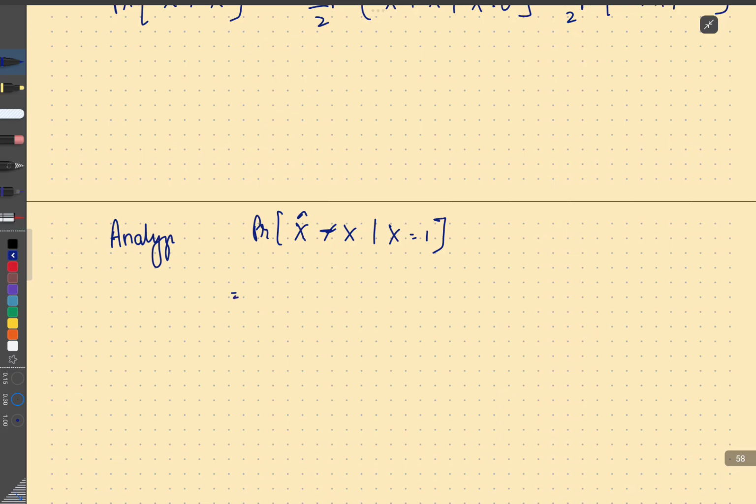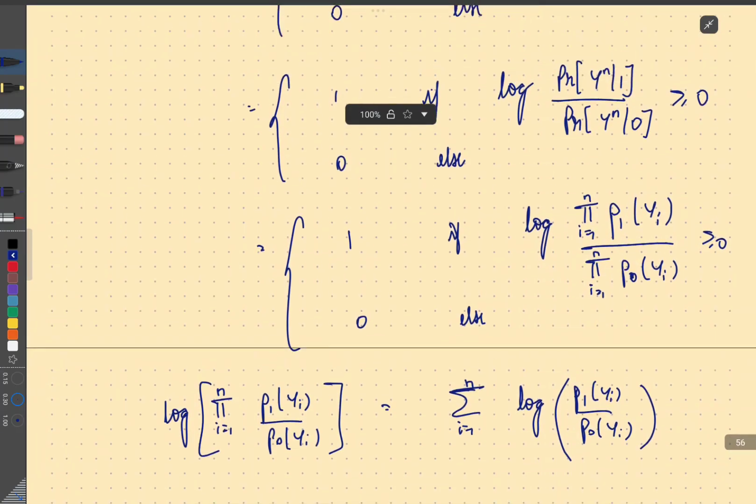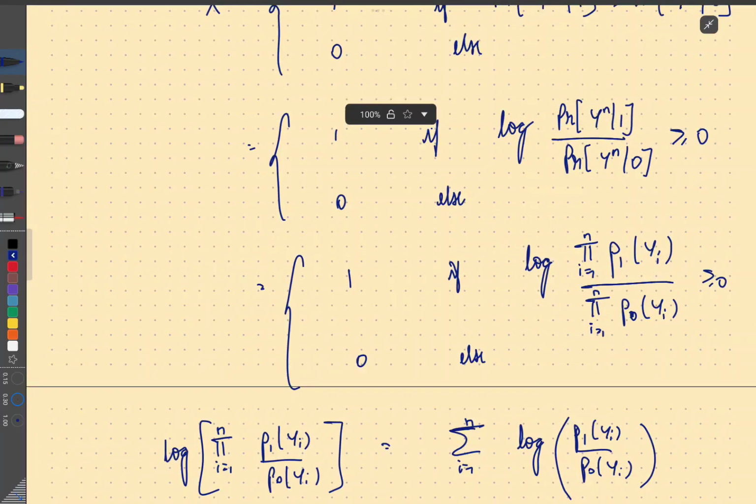When does this happen? This is the probability that x hat equal to 0 given x equal to 1. When do you decide in favor of 0? When the log likelihood ratio is less than 0.